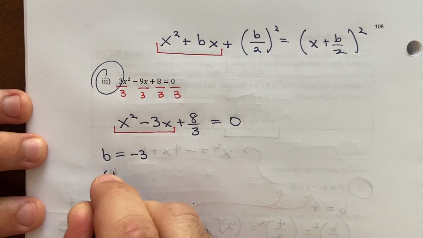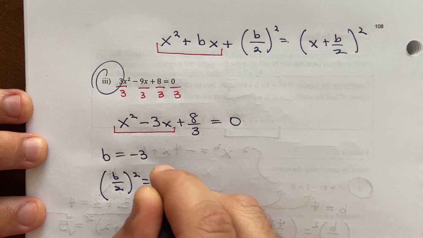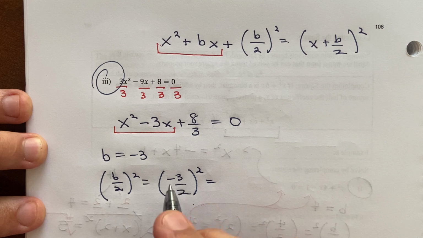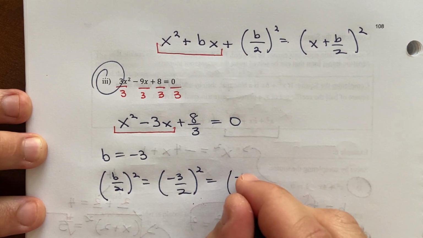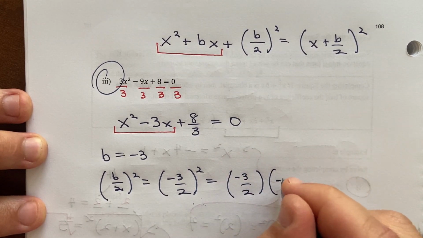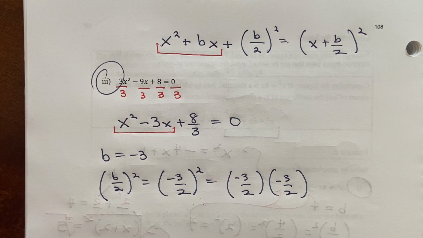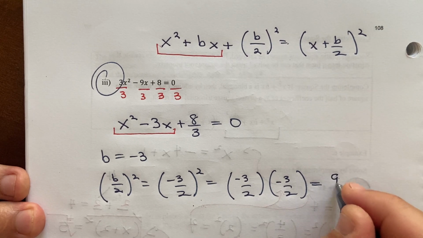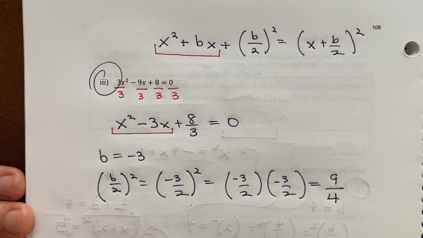Half of b squared would be negative 3 over 2, squared. In other words, squaring, right, taking negative 3 over 2 times itself. That's what negative 3 over 2 squared means. Multiplying straight across, we get positive 9/4.